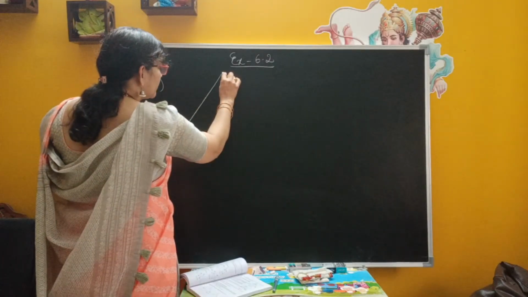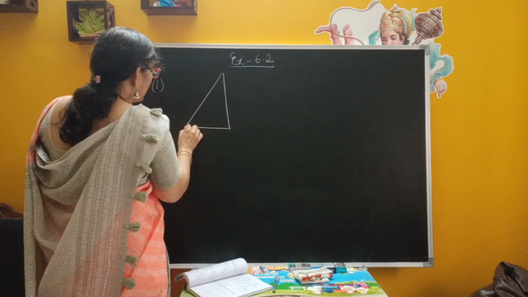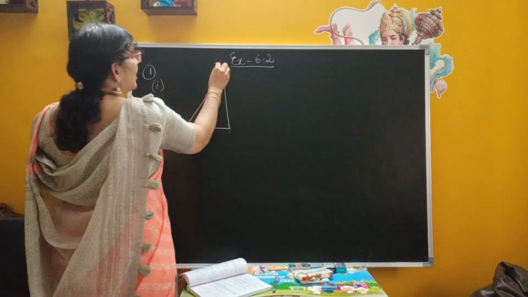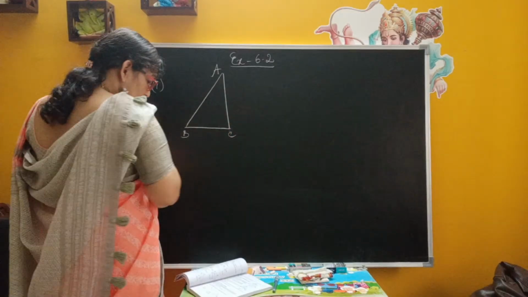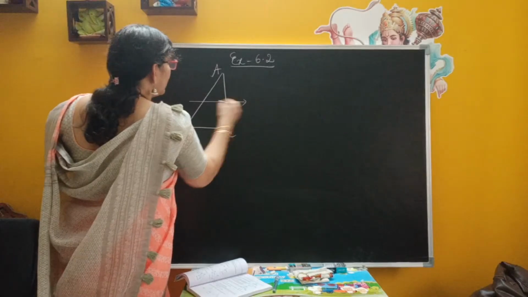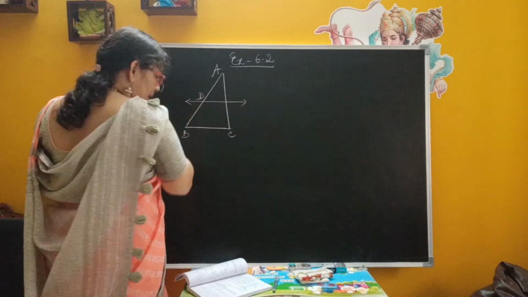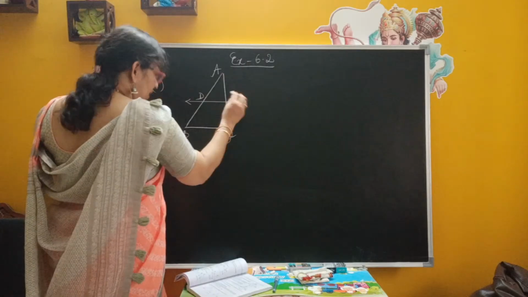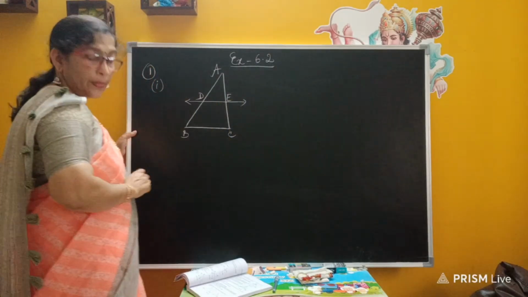The name of this triangle is ABC, and your line DE intersects AB at point D and AC at point E. These two are intersecting points.